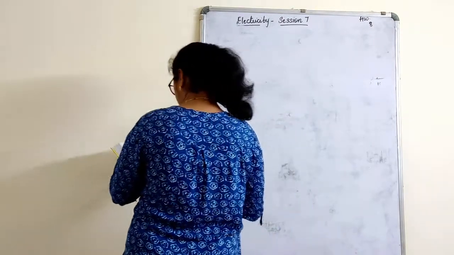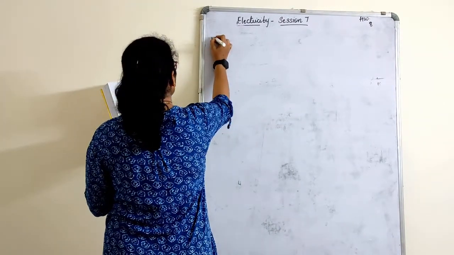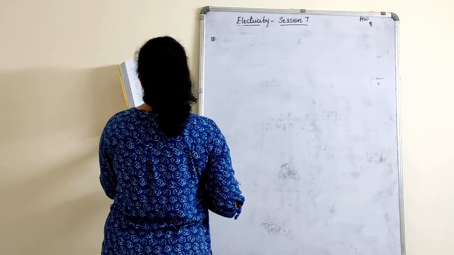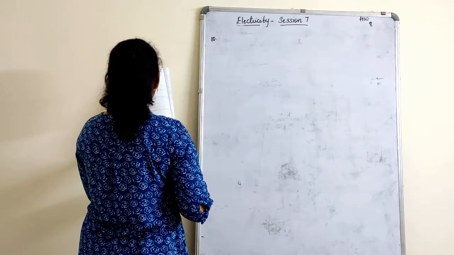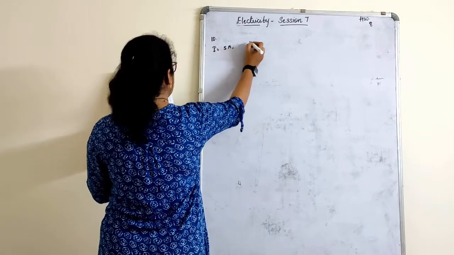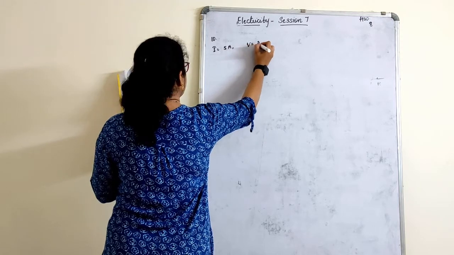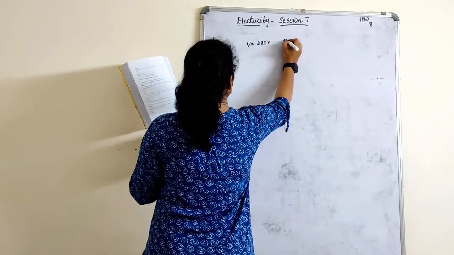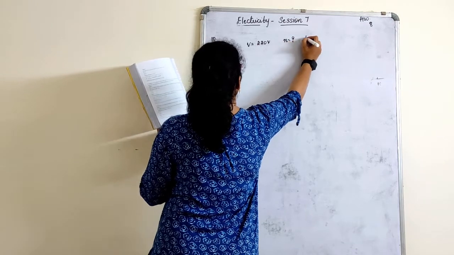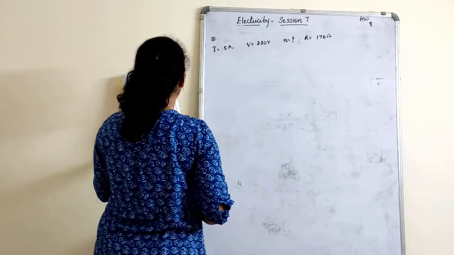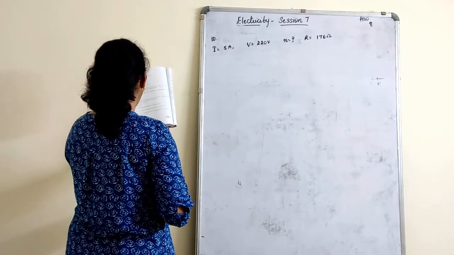Tenth one. How many 176 ohm resistors in parallel are required to carry a current of 5 amperes on a line of 220 volt? So we have to find how many resistors, where each resistor has a resistance of 176 ohms.